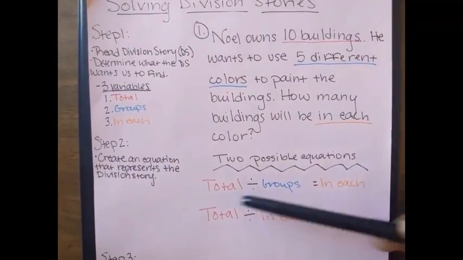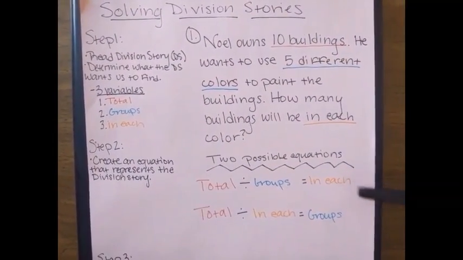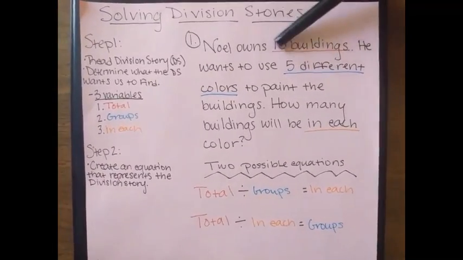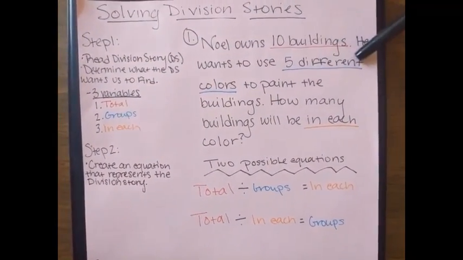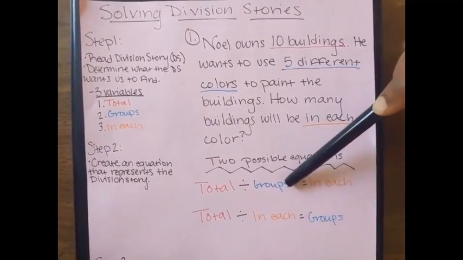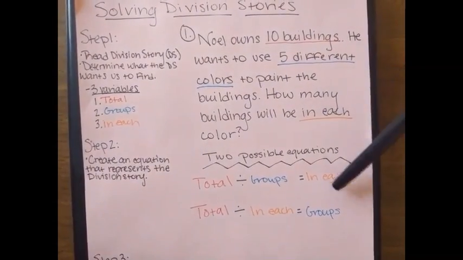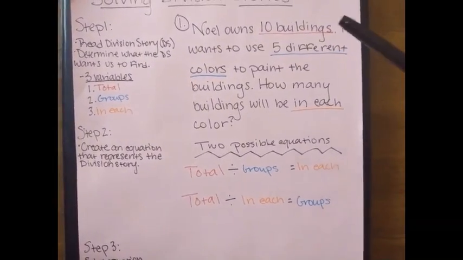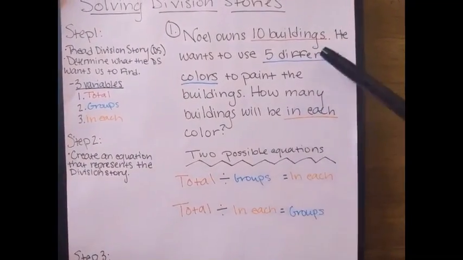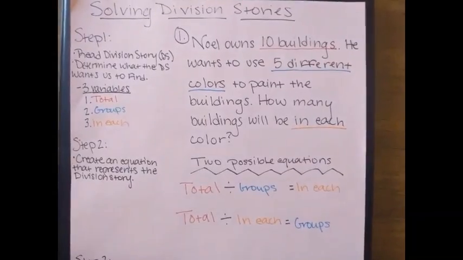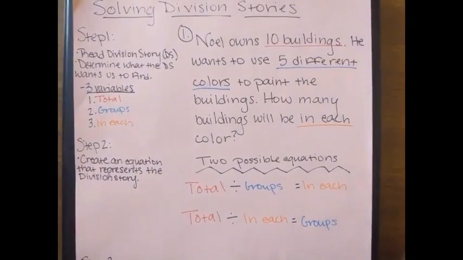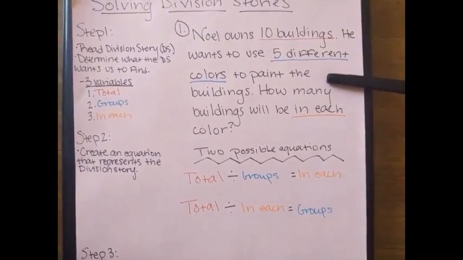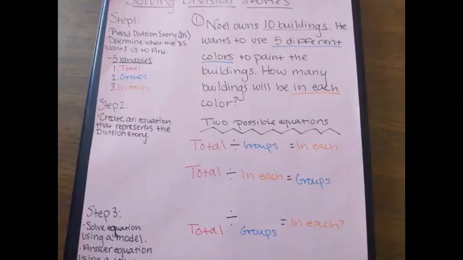If you chose the top equation, you are exactly correct. You recognize that our example gave us a total. It gave us the groups, and we are looking for the in each. So in order to find our in each, we have to divide the total by the groups to get our in each. Now, we need to write an equation that represents our example directly.